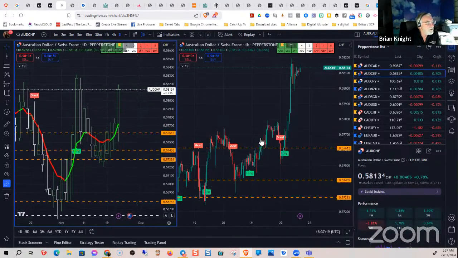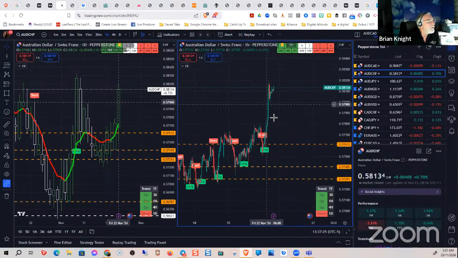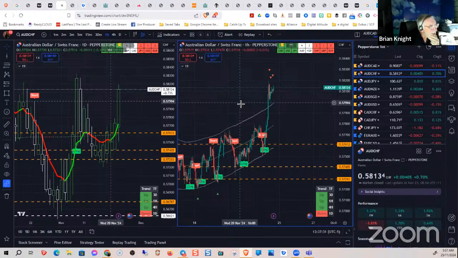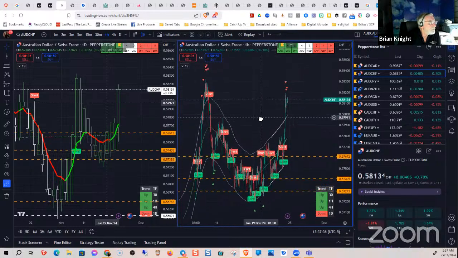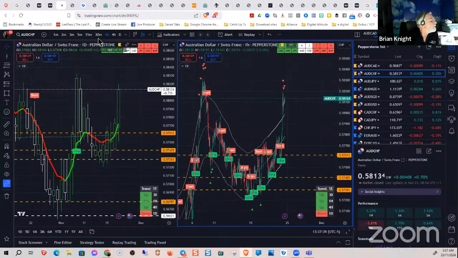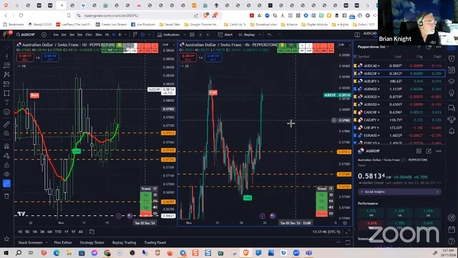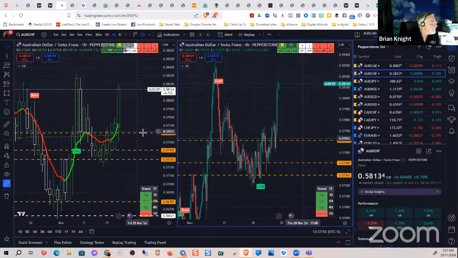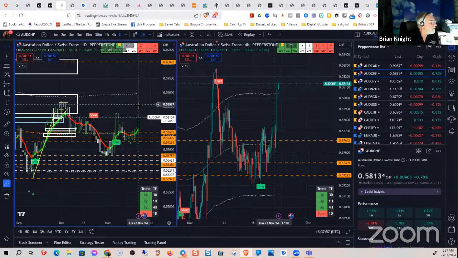AUD. Right, so big fair value gap in there. That's not on the 4 hour. Really in that middle again, isn't it?